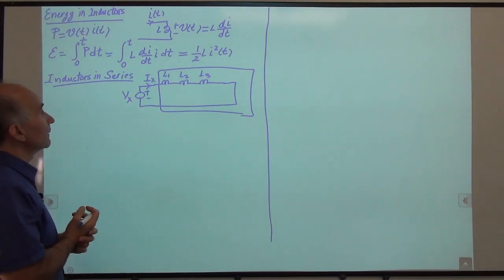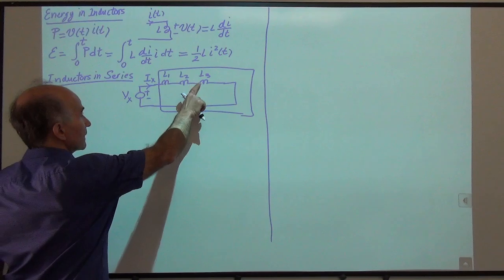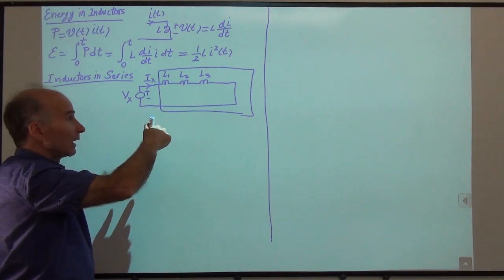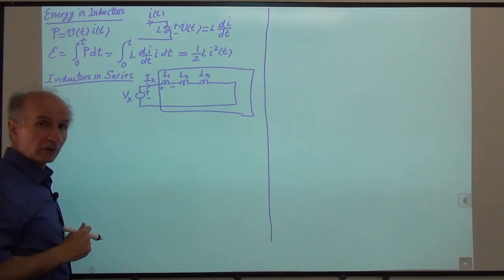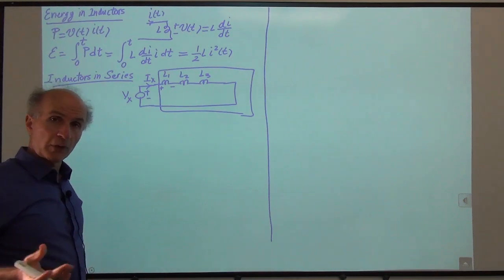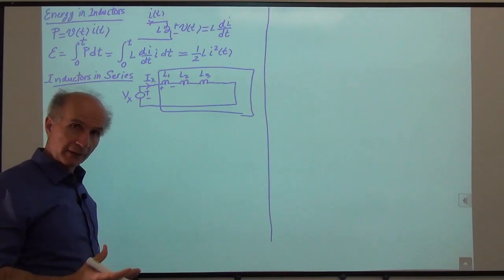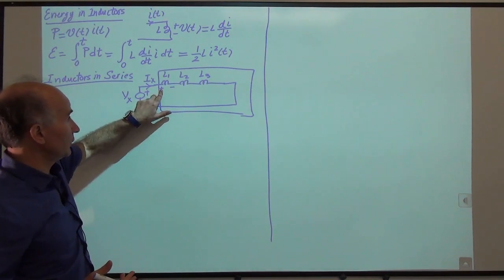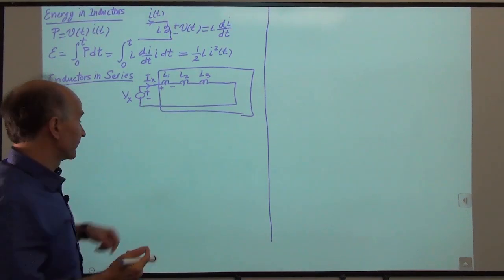Okay, so I have a current Ix flowing through all of these. These are in series, so by definition they carry the same current. How much is this voltage from here to here? The voltage across L1. Well, we know that the voltage across an inductor is given by L di over dt. And I is indeed going from high potential to low potential, so I do not need a negative sign.